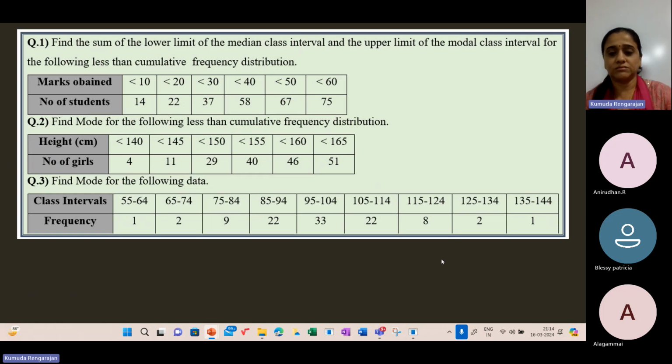Try the second question. Find mode for the following less than cumulative frequency distribution. You can just revise today's classwork, or have you completed the notes in your book, trigonometry? No. The pre-work which I gave?